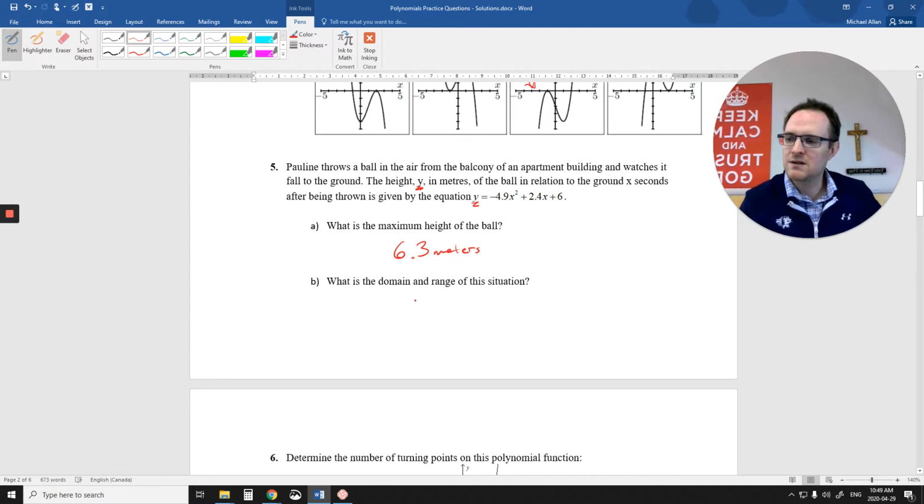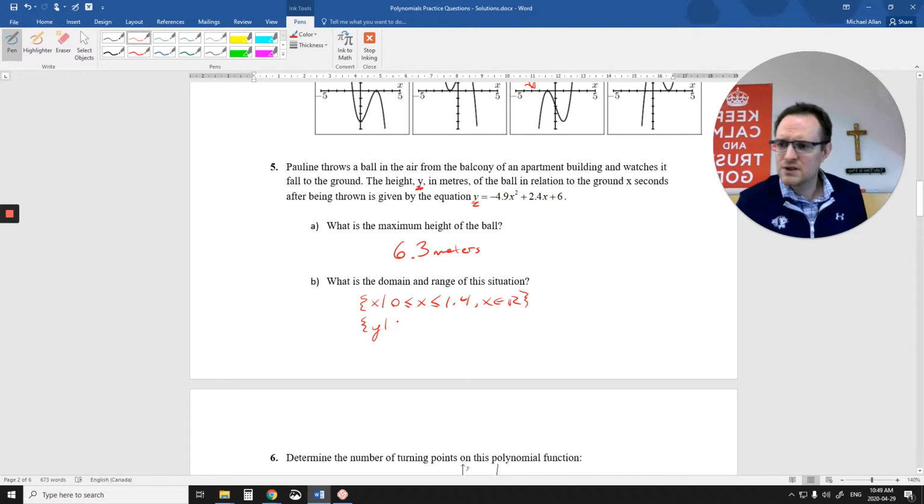And the domain: the domain is x, and it's going to start at time 0, because x is seconds, and it's going to run till when it hits the ground. And it hits the ground at 1.4 seconds, x in the reals. We put x in the reals, remember, for continuous graphs, so graphs that are nice and smooth, with no holes in the graph or anything.